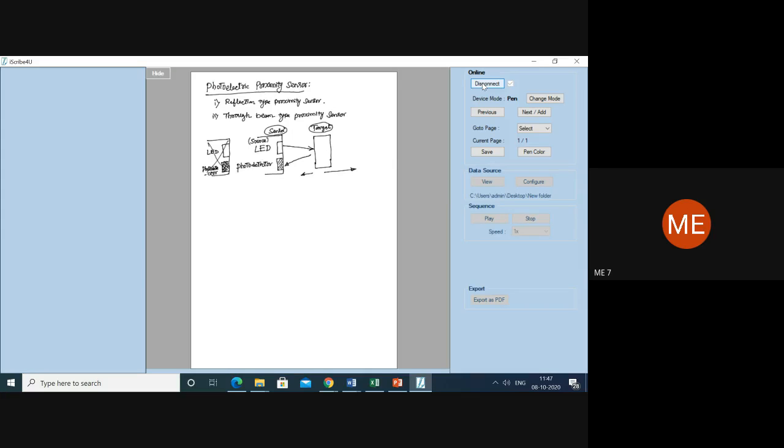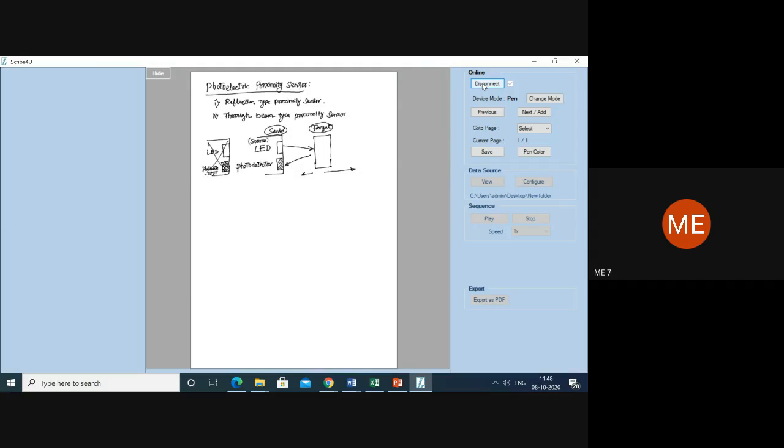The detection of the light by the photo detector depends upon how close or how far the target is in front of the sensor. If the target is very near to the sensor, the photo detector will receive the reflected light faster, and on the other side it is going to be late.